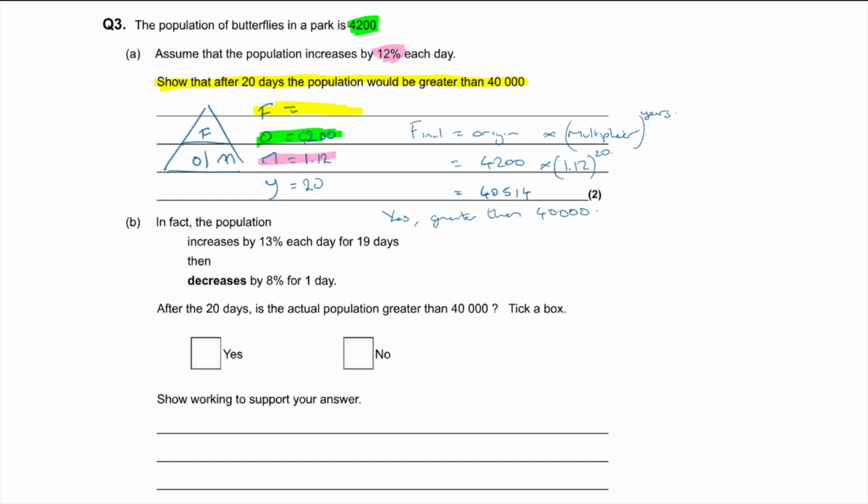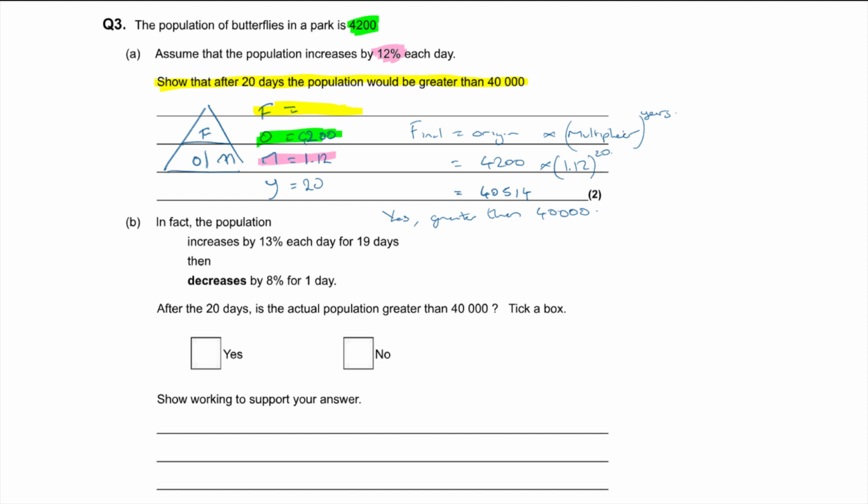Okay. And then it says, in fact, the population increases by 13% each day for 19 days, then decreases by 8% for 1 day. After the 20 days, is the actual population greater than 40,000? Tick a box. Show working to support your answer.